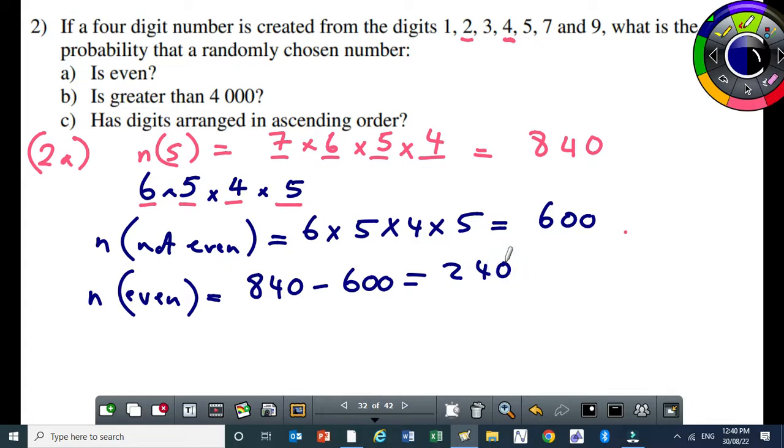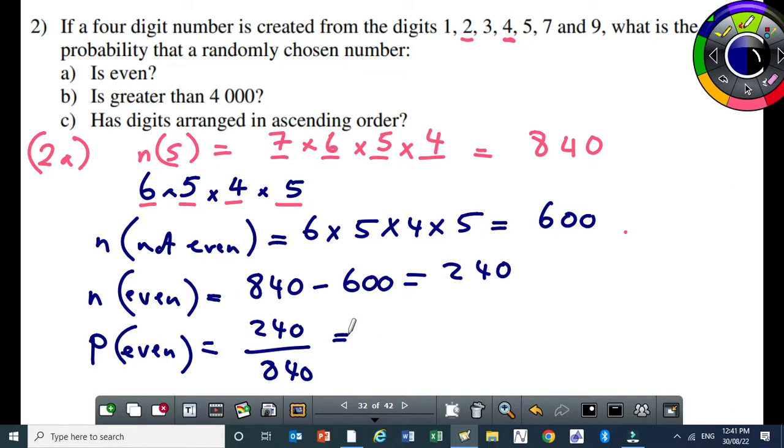Can I share with you another way of doing the question? Yes. So the probability that a 4-digit number is even is going to be 240 divided by 840. What answer do you get?